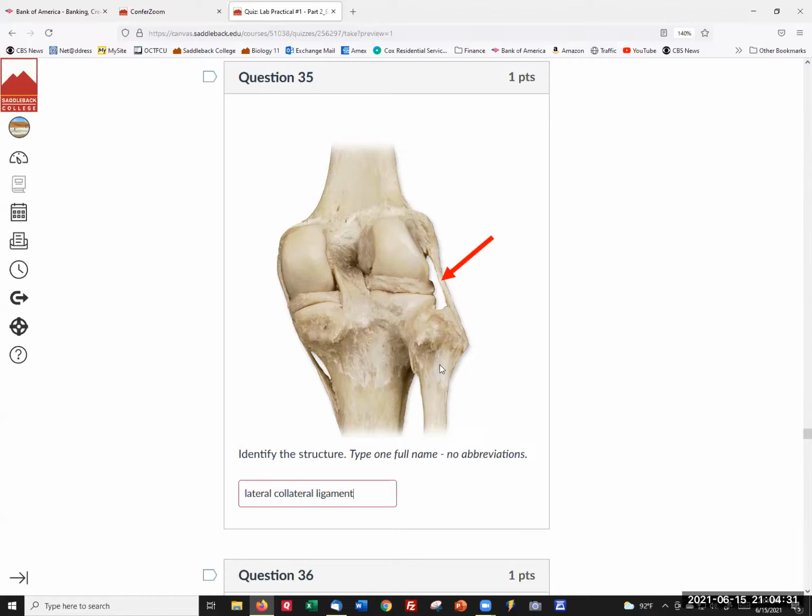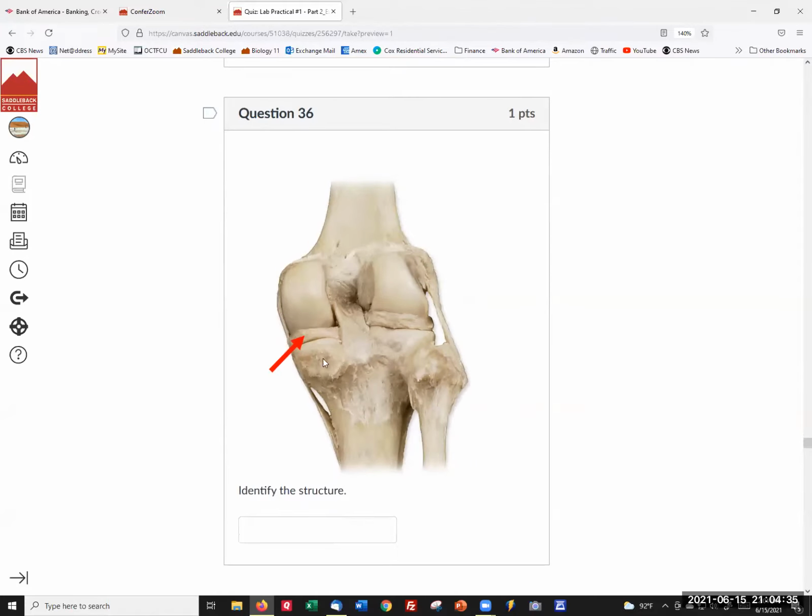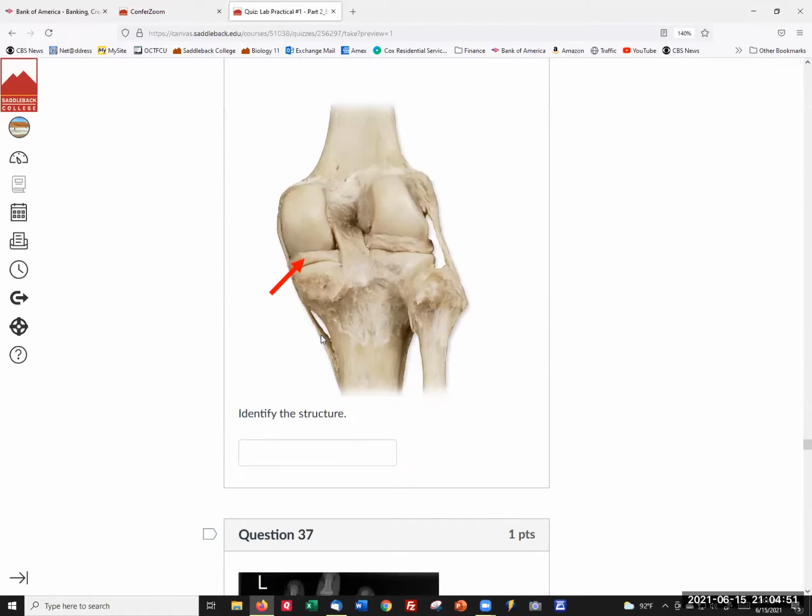I prefer to use lateral collateral. On this side, this is that cushion between the condyles above and below it. This is on the lateral and medial side. Medial? And what's the name of the cushion? Meniscus. Yeah, so it's the medial meniscus.